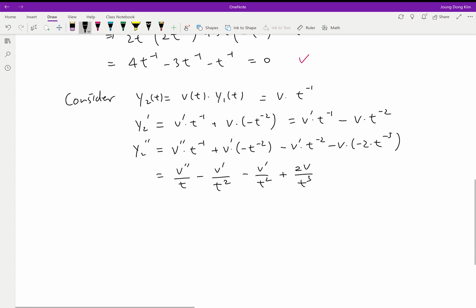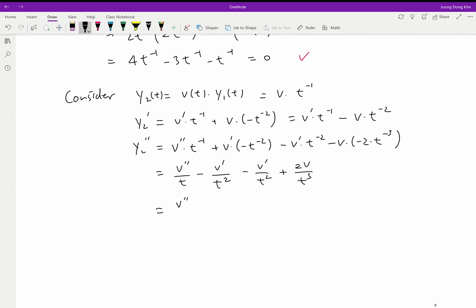Okay. Then finally we have this. Now it is time to plug everything into the given differential equation, which is 2t squared y double prime plus 3t y prime minus y equals 0.